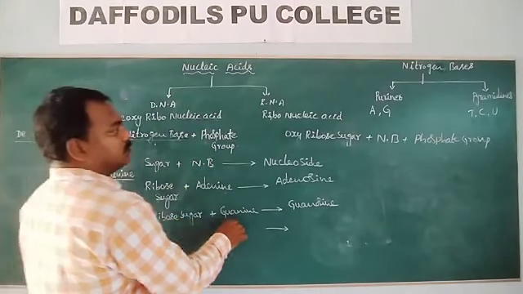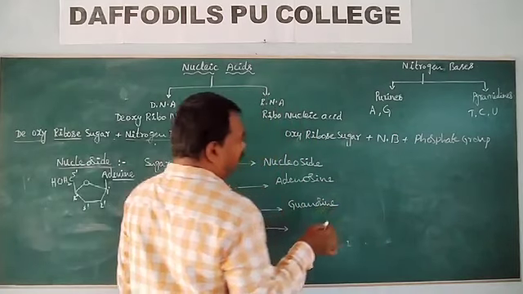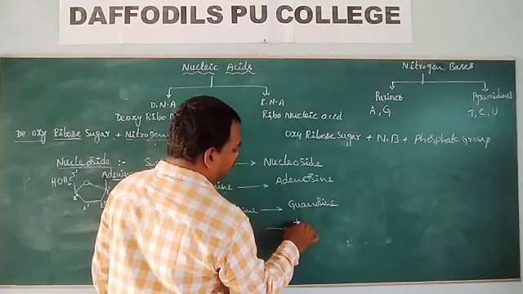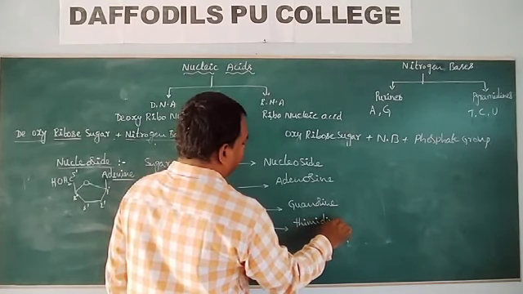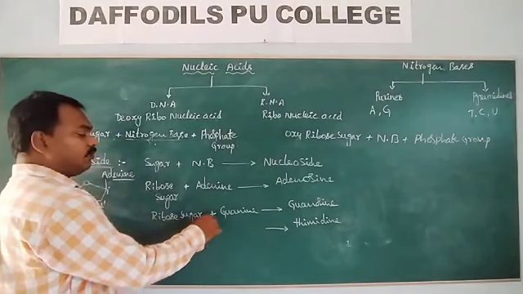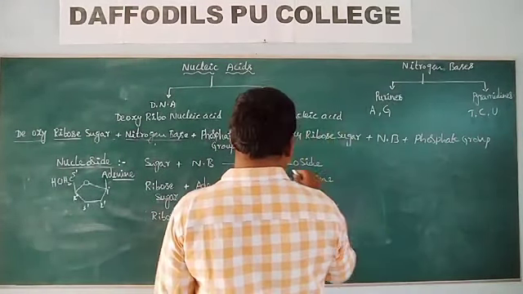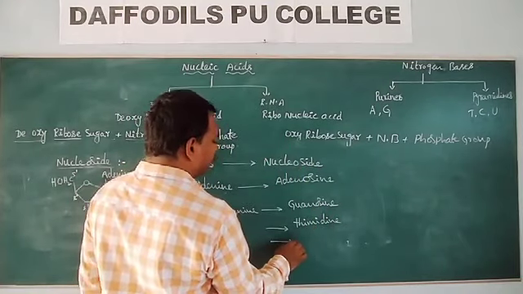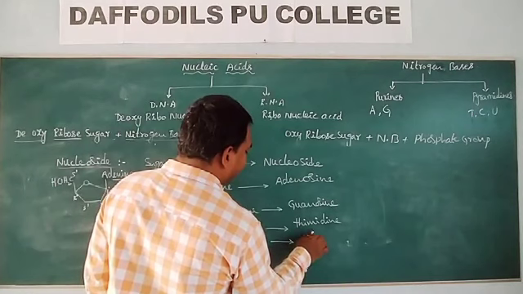When ribose sugar is bonded with thymine, the nucleoside formed is known as thymidine. When sugar is bonded with cytosine, this nucleoside is known as cytidine.